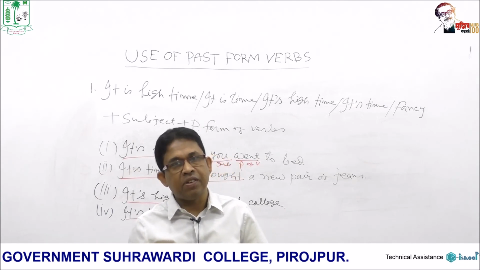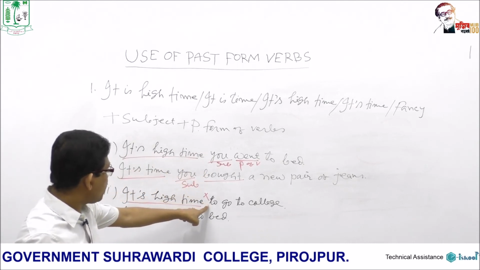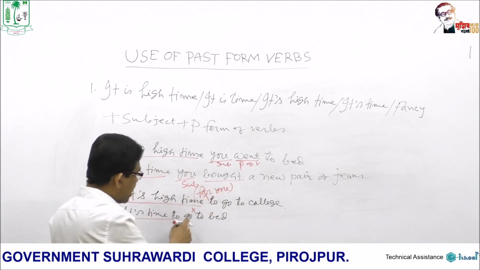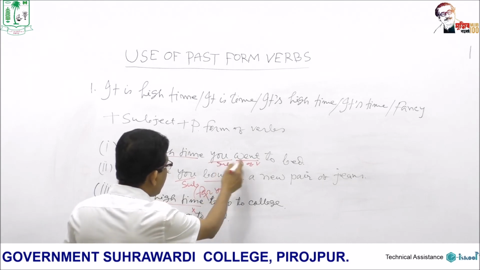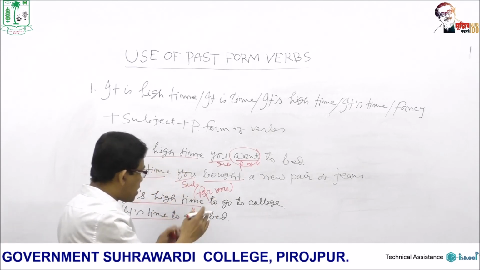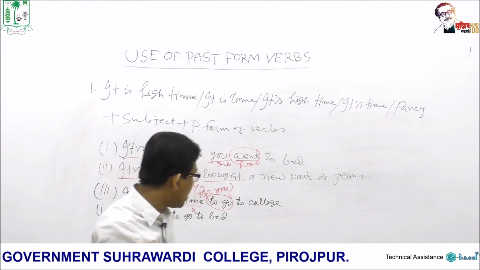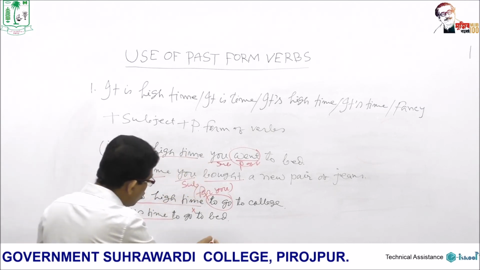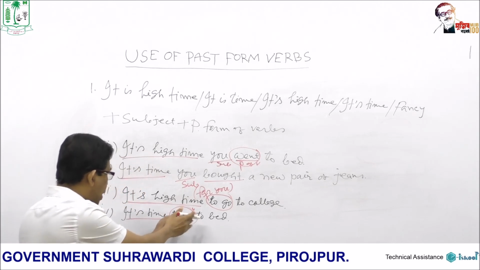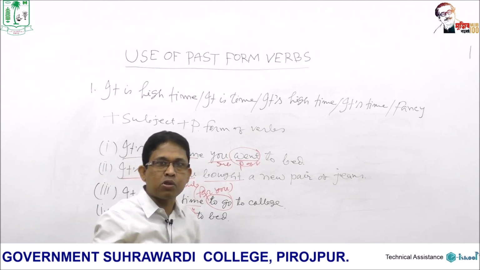This is called infinitive. So it's high time, no subject is there. Actually it should be like, for you, within brackets, it's high time to go to college. So if there is a subject, then the verb should be in past form, but if there is no subject, then the verb should be in infinitive form. In the same way, it's time to go to bed. Here, as there is no subject, the main verb go has directly arrived after it's time, so we have used the infinitive form.